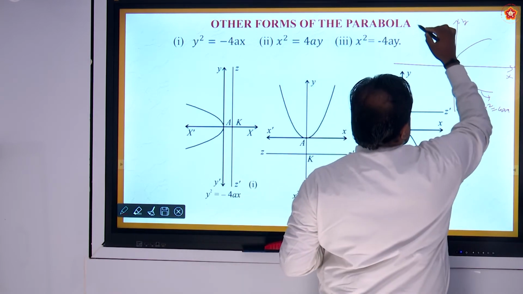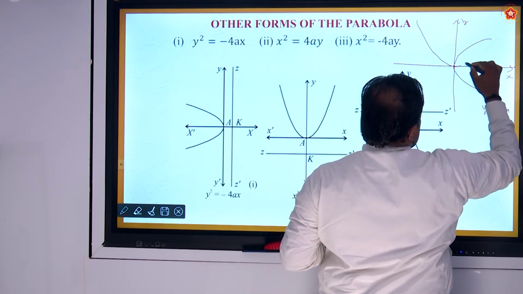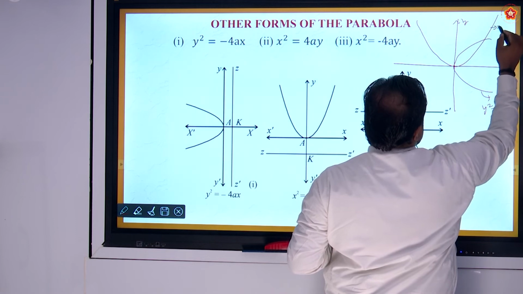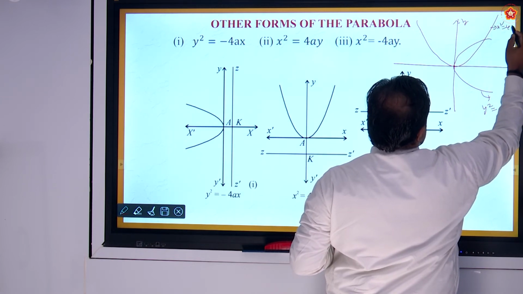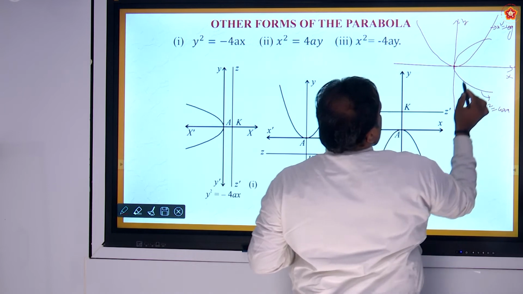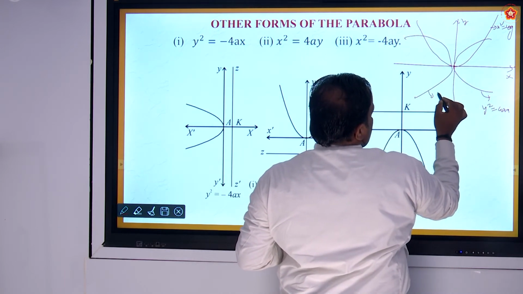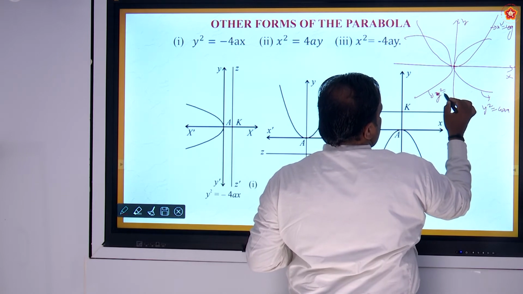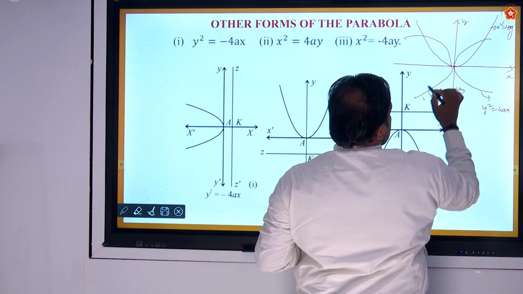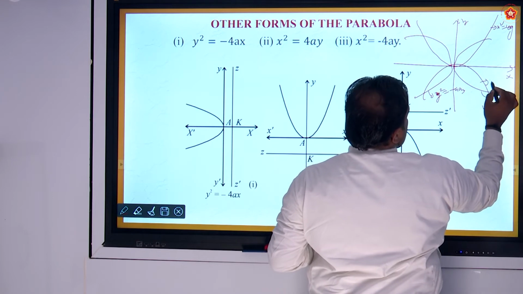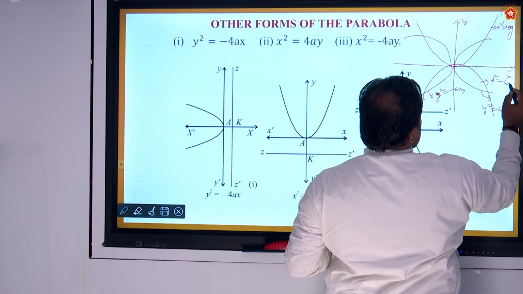Correct. Now if the axis of parabola is the y-axis, the equation of parabola becomes x square is equal to 4ay. If you draw it like this, the equation becomes y square is equal to minus 4ax. If you draw the parabola like this, it becomes x square is equal to minus 4ay.